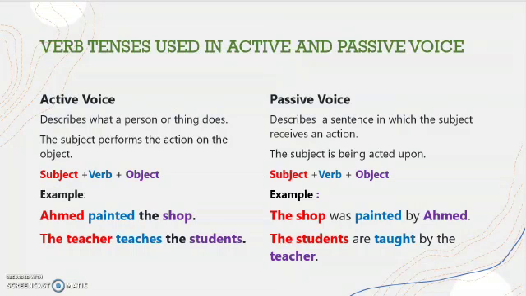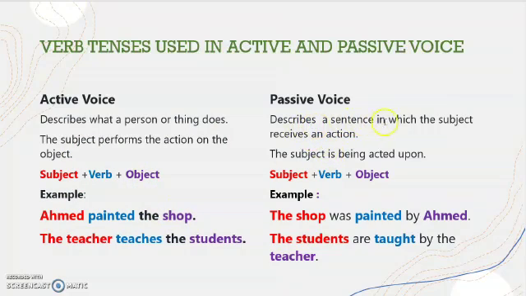Let's look at the structure of the active voice and passive voice. Active voice describes what a person or thing does. The subject performs the action on the object. For example, Ahmed painted the shop. Now Ahmed is the subject, painted is the verb, and the shop is an object.